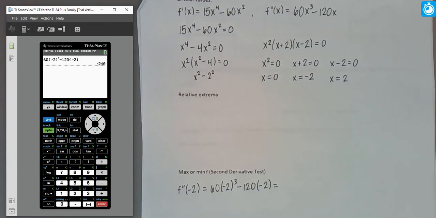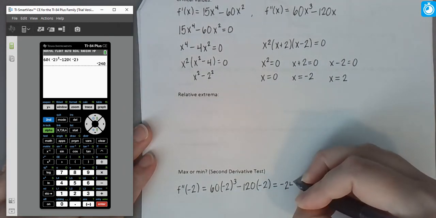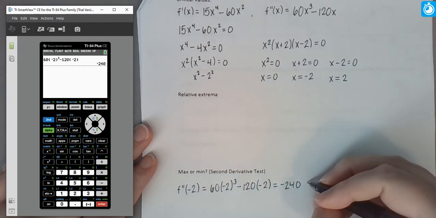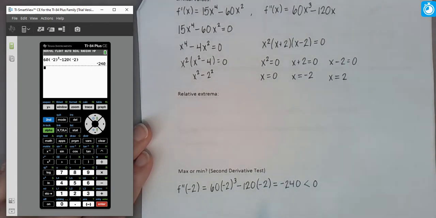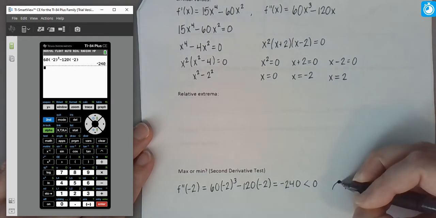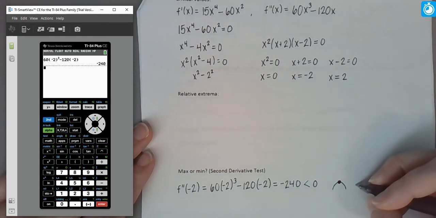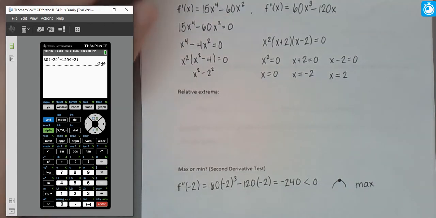Okay, we press enter, negative 240. Now, as before, I'm not worried about the fact that it's specifically negative 240. I'm worried about the fact that it's specifically less than 0. So less than 0, second derivative less than 0 means concave down, down like a frown. So if it's concave down like a frown, that means our critical value represents a maximum, highest point based on the curvature of the graph.